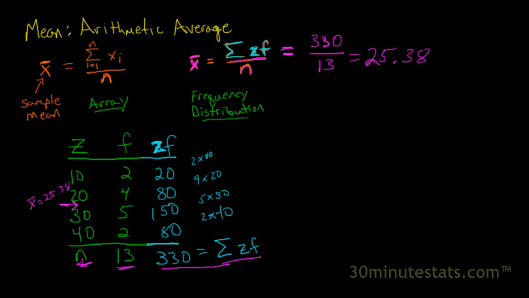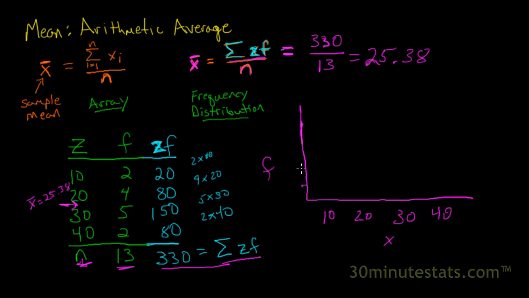And we can visualize this if we want here by creating a histogram of this frequency distribution, where we've got our values of x. We've got 10, 20, 30, and 40. And we'll create our histogram using the frequencies here.